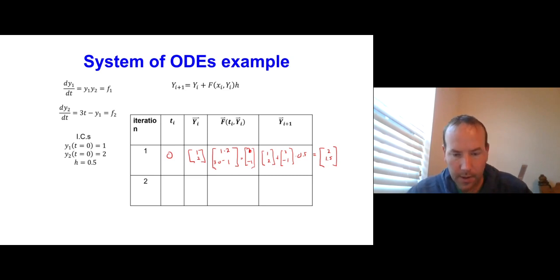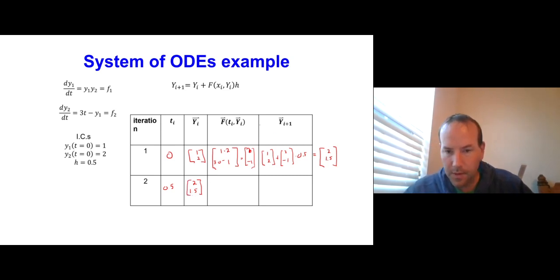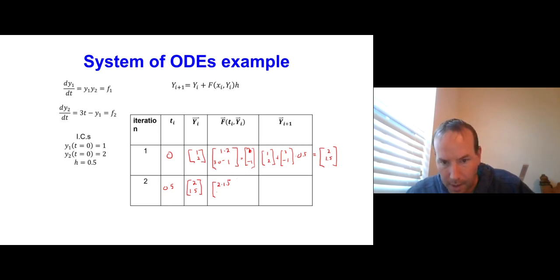And so now we can take another step. Our step size is 0.5, right? And we're starting off at 2 and 1.5 from the last step. And then this is going to be 2 times 1.5, because we're just multiplying the things together.